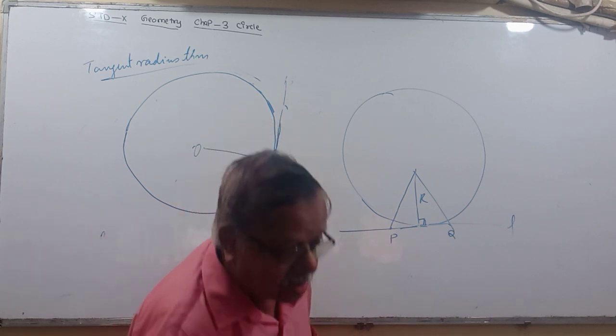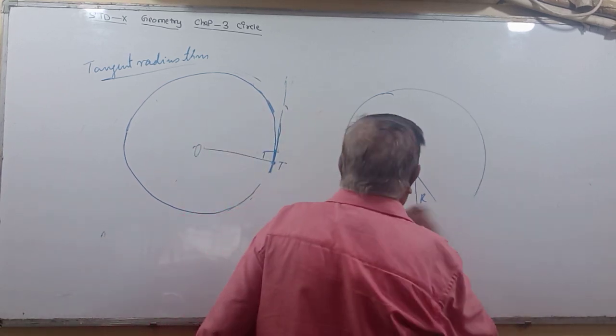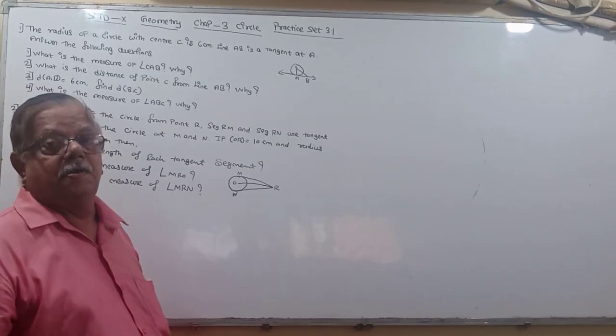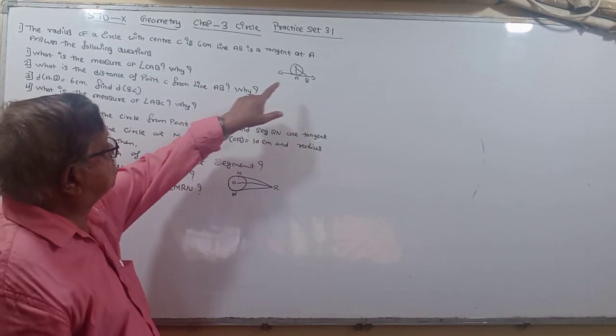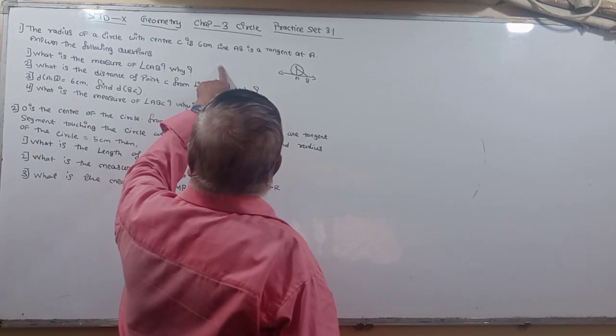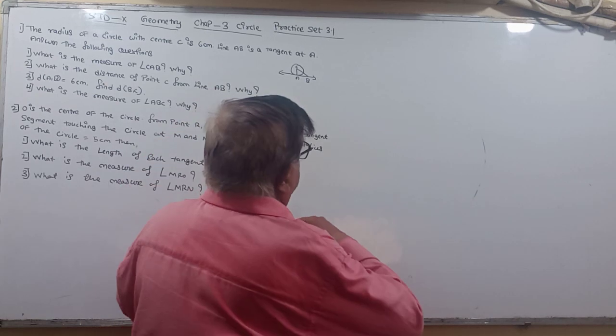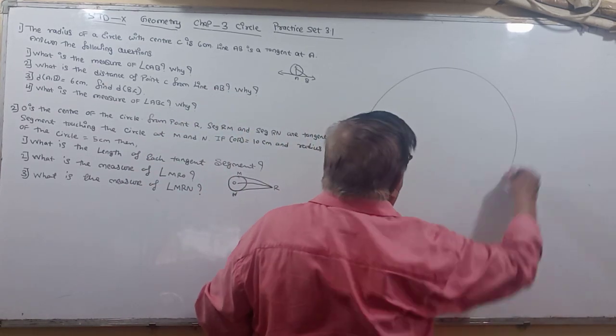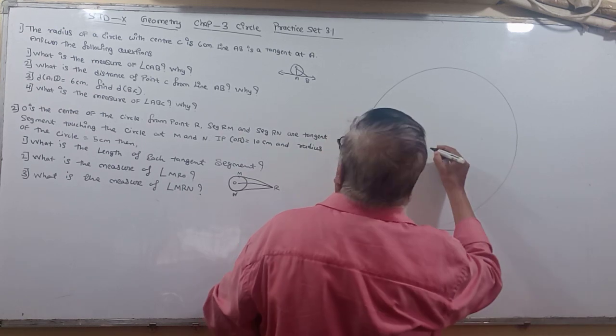Now we will go for exercises. Alright students, let's see how to do this. The radius of the circle with center C is 6 centimeters. I will draw a bigger circle so that you can easily understand.